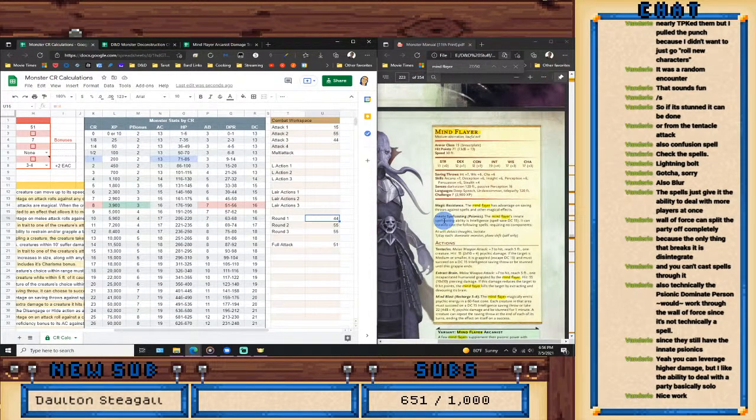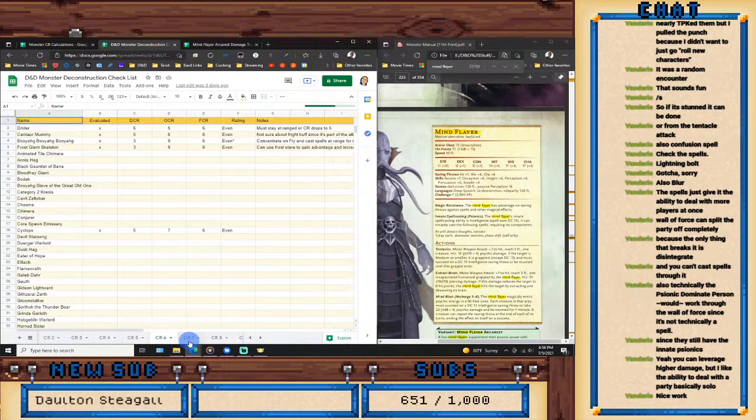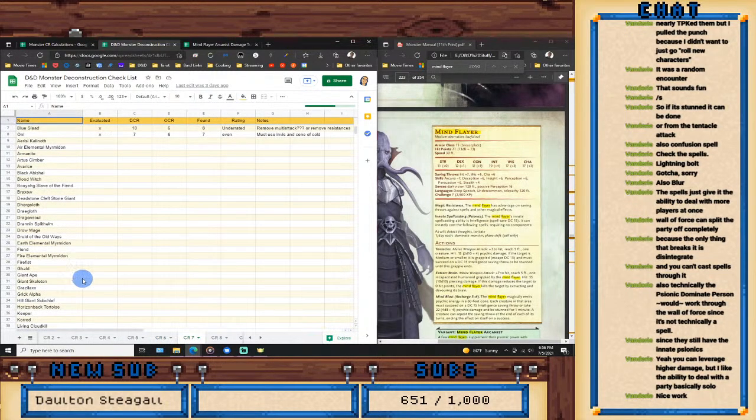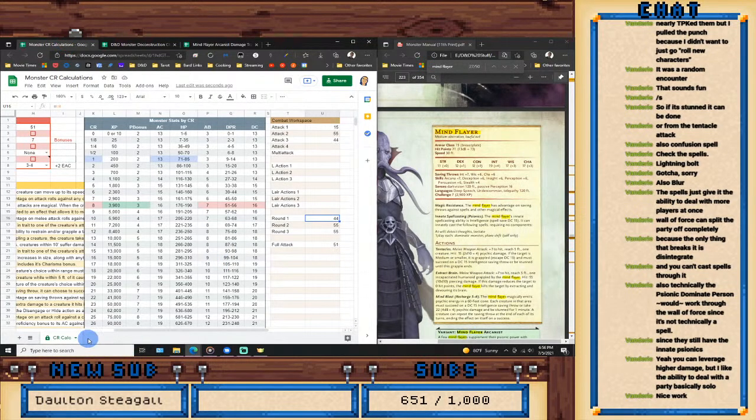Thanks, Windary. So let me mark my monsters here because I did find their information. Let's see here. So what's that supposed to be? The 7 for the Mind Flayer. And we've found, what was that? Shoot, I don't remember now. That's fine, I'll come back to it later.